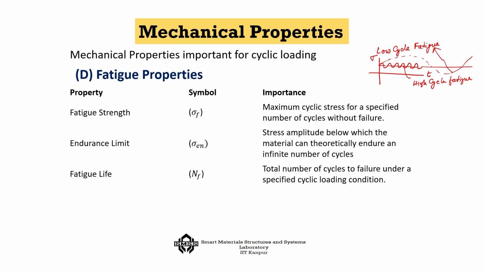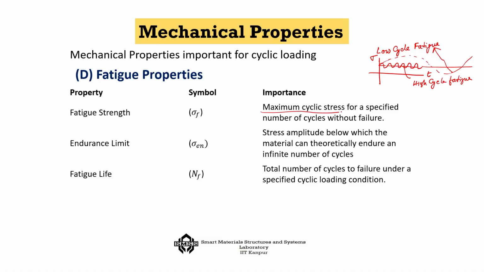So, for example, in aircraft or marine applications, we say that the system should be such that it can take 10,000 cycles or 100,000 cycles. That means after 100,000 cycles you have to change it, but the question is whether it is going to fail within that or not. So, sigma f talks about that maximum cyclic stress for a specified number of cycles, whatever it is; that is the fatigue strength for the system.